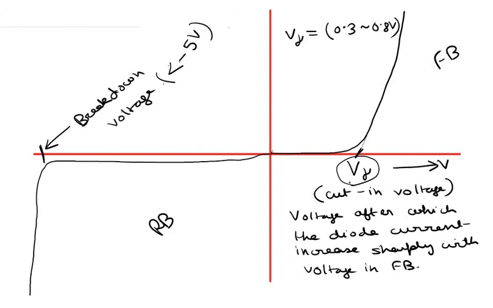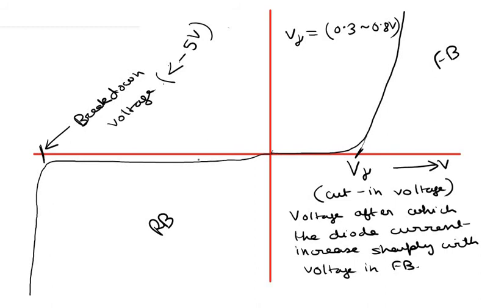So V gamma cannot be modified, as it depends on material parameters, on which materials make up the diode. The breakdown voltage, on the other hand, can be modified to a large extent by manipulating the doping concentration and by other methods.